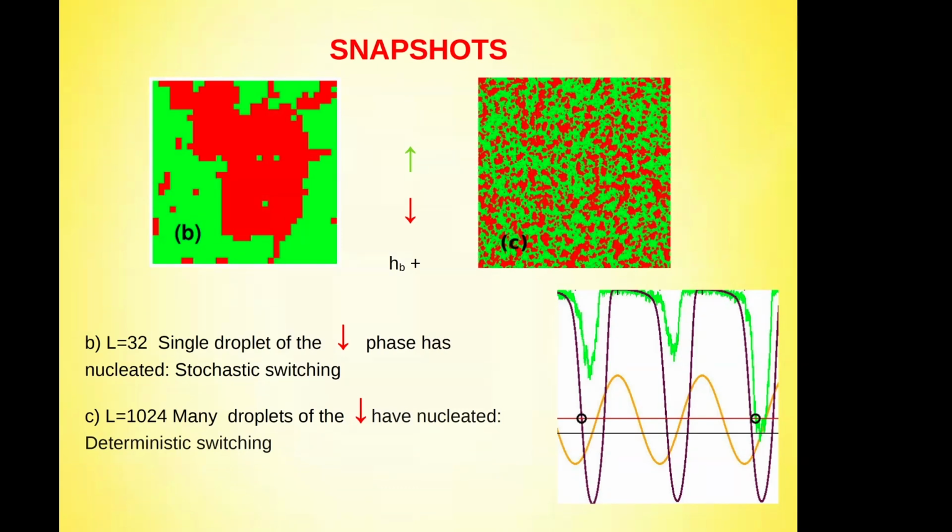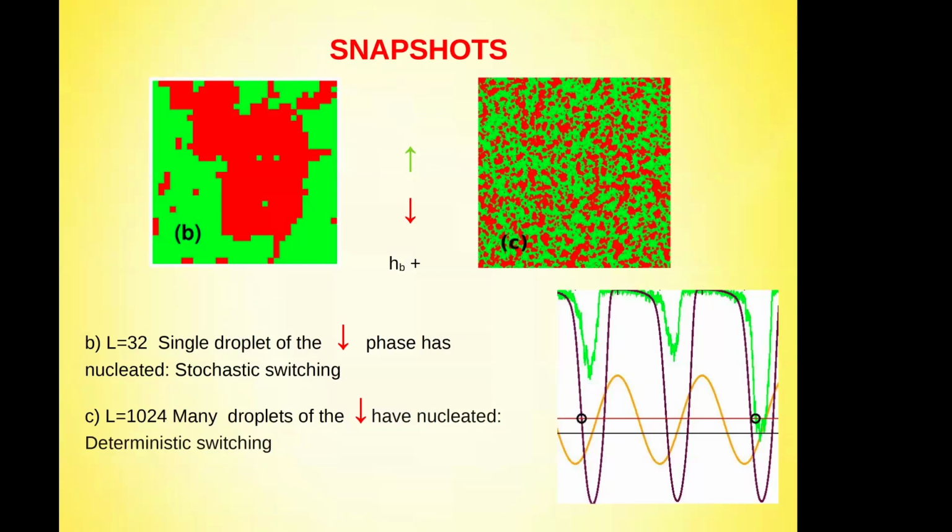When you are here, you see the system is switching through a single droplet of the stable phase that eventually will grow. It can grow to fill the entire system, so you will have a complete switching, or maybe it only grows a little bit and it will go again. But this is very typical of single droplet.